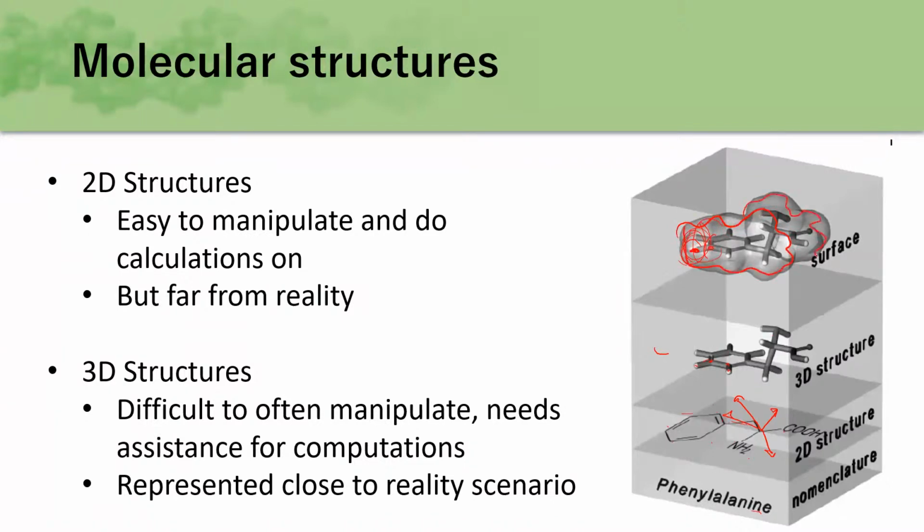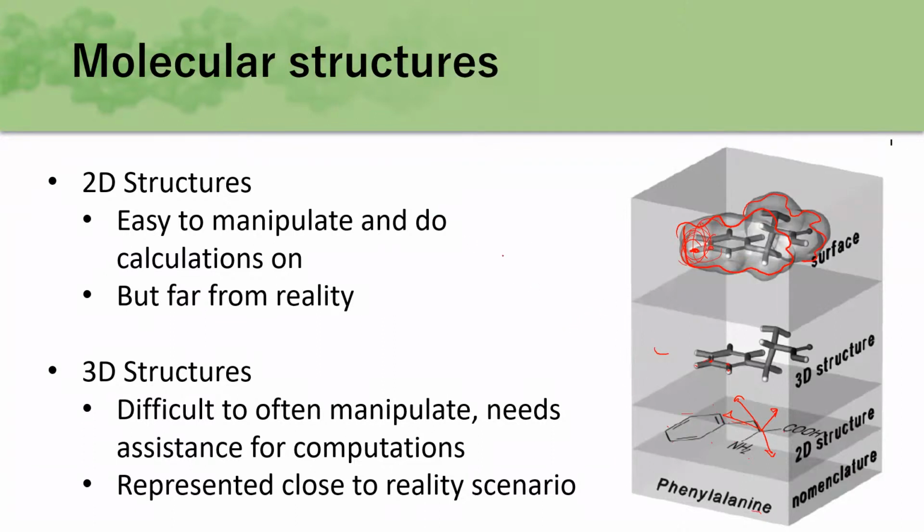And that is what the real structure of a molecule looks like, because that entire area, even though it may have a vacuum for a large space, is still under the influence of all the subatomic particles which are present. So the molecular surface tries to represent that entire view of the molecule, which makes it easy to visualize what kind of interactions are happening, whether there will be a repulsion between the atoms and so on. So these are the different levels at which we can represent the molecules on a computer based on our requirement.